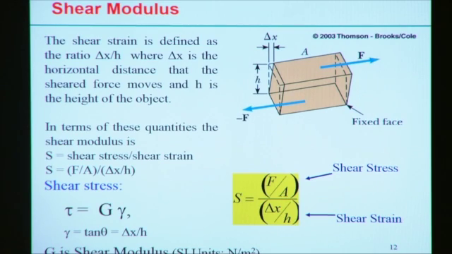Here gamma equals tan theta, which is equal to delta x by h, and that is the measure of the shear strain. G is considered the shear modulus, having the unit of Newton per meter square or Pascal, similar to pressure.